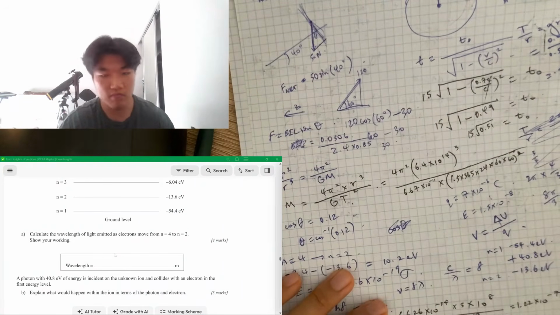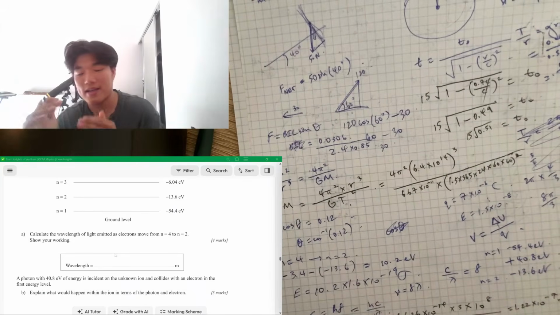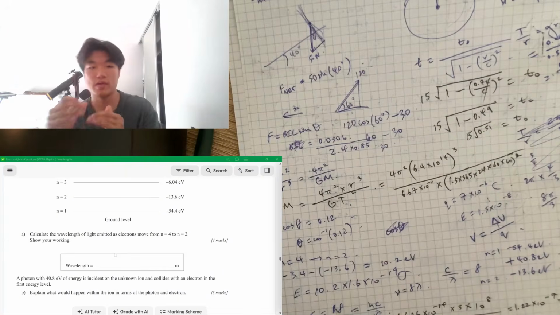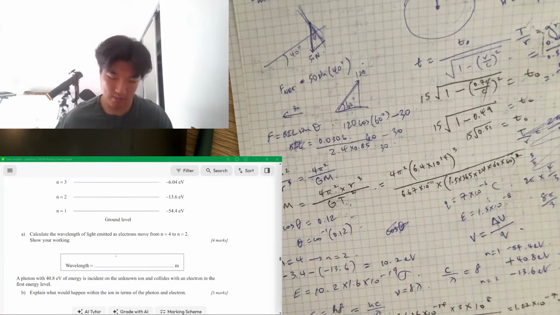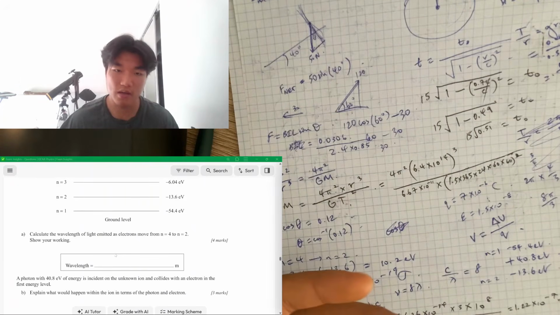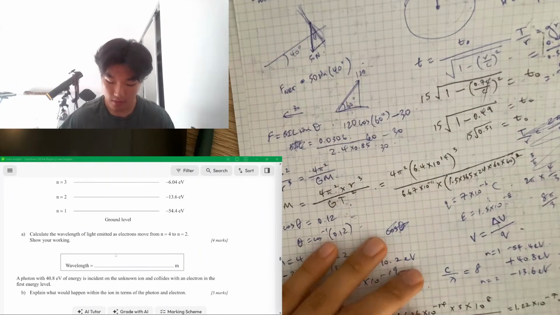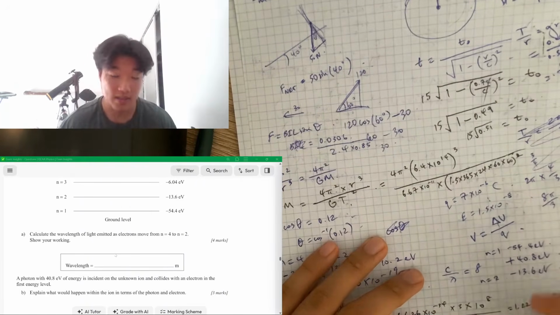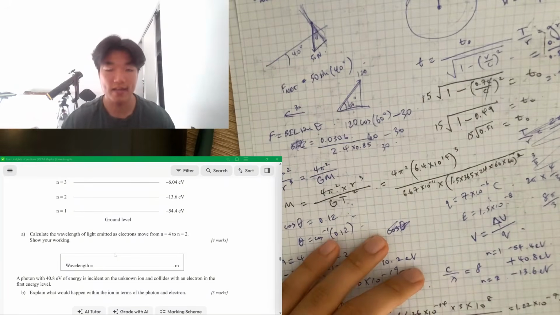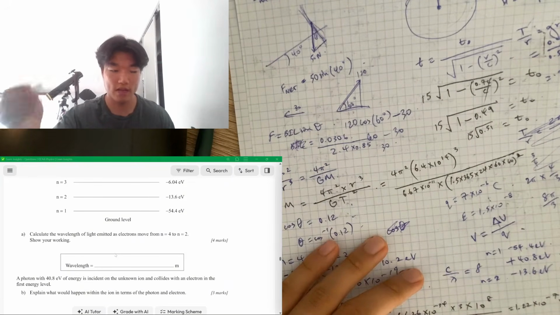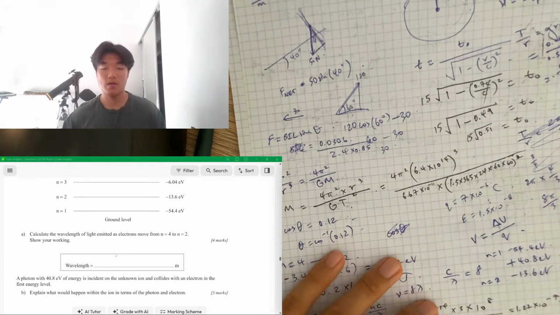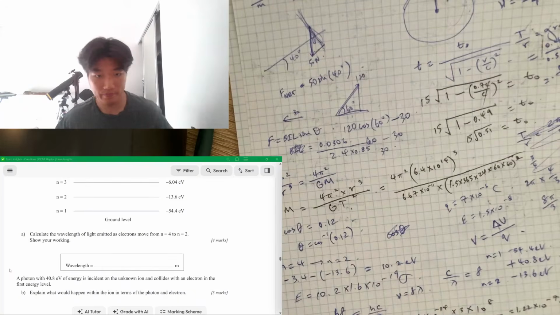After a given time frame, the electron would eventually lose the energy, so it would emit a photon with the same wavelength, same frequency, same amount of energy as what it initially absorbed, and then it would transition back down to the first energy state.